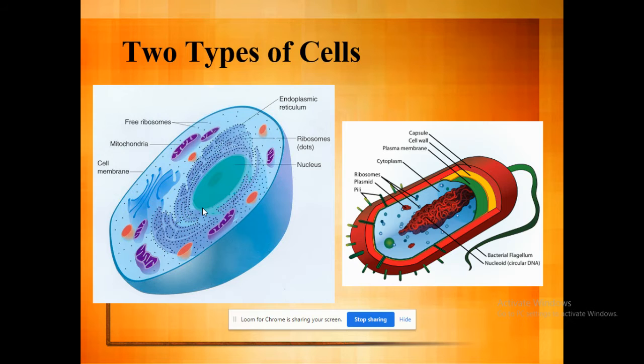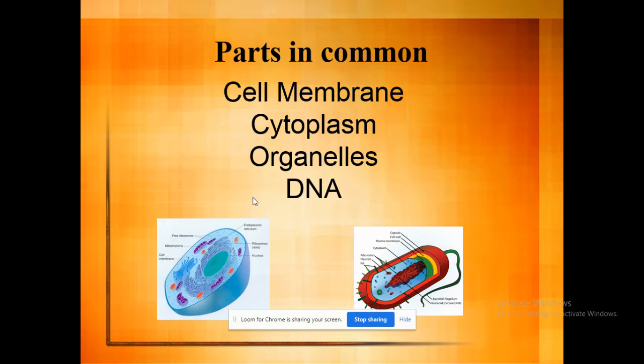There are two types of cells based upon their nuclear content: the prokaryotic cell and the eukaryotic cell. Many things are common between the two. Both have a cell membrane, cytoplasm, organelles, and DNA, which is the genetic material.